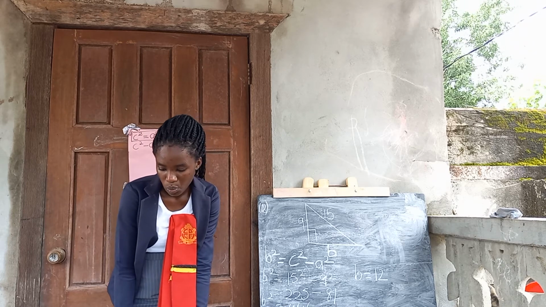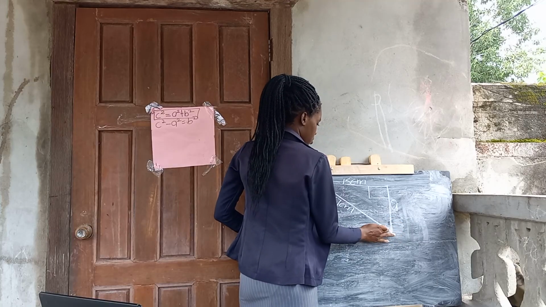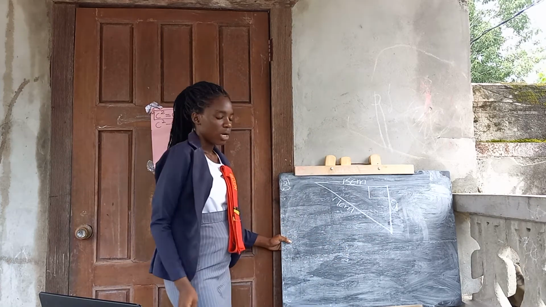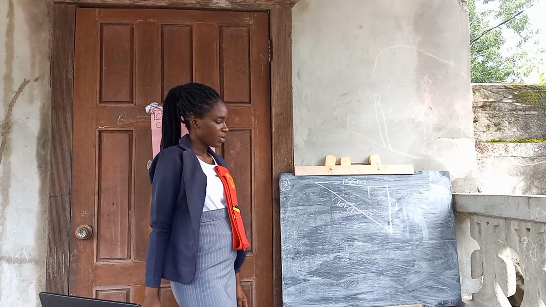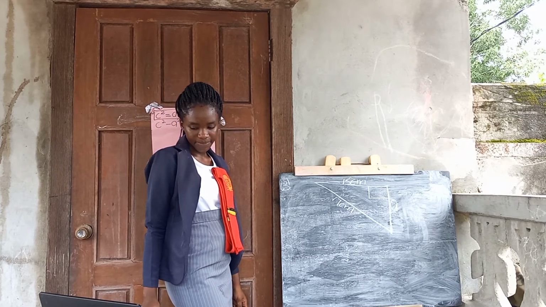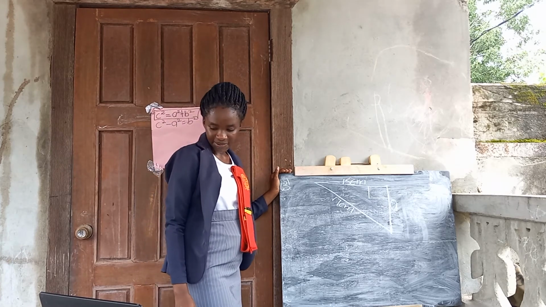Let's work one more. Okay, Unil. How are we going to work this one? Which formula did you use? First thing, which side do we have to find? A. So which formula did you use?